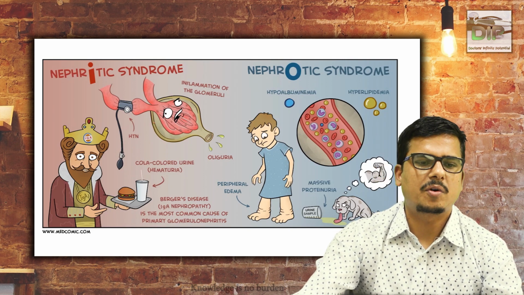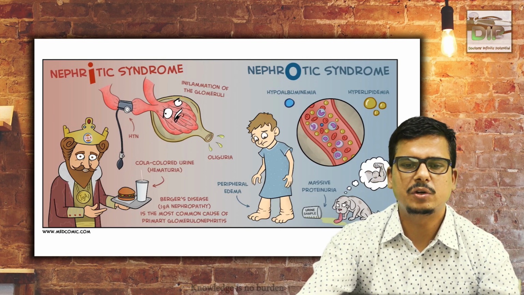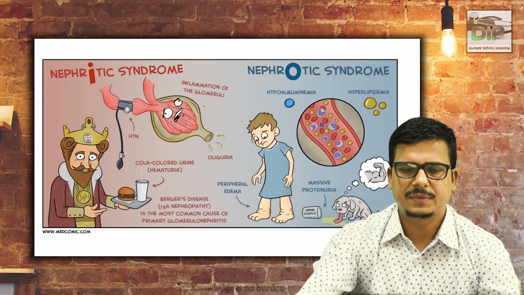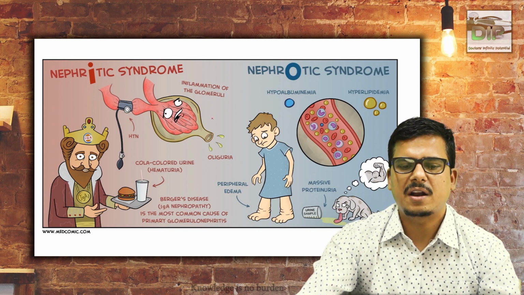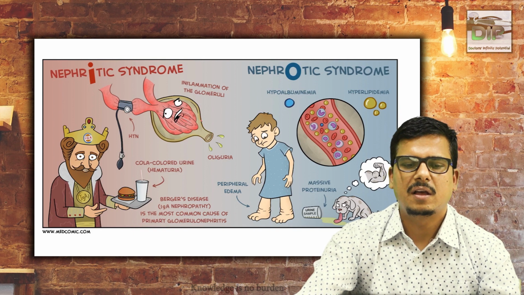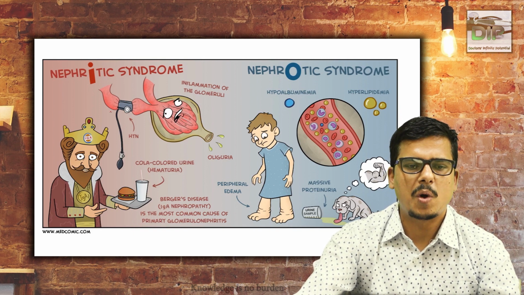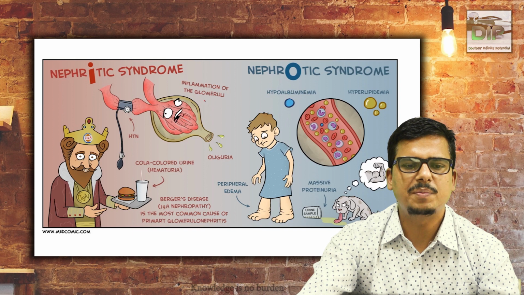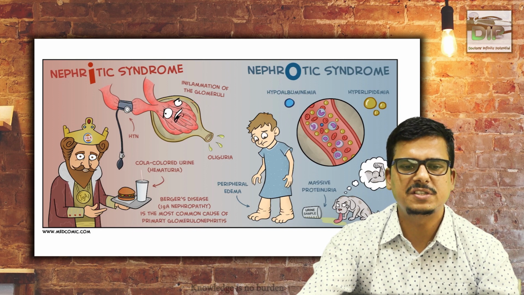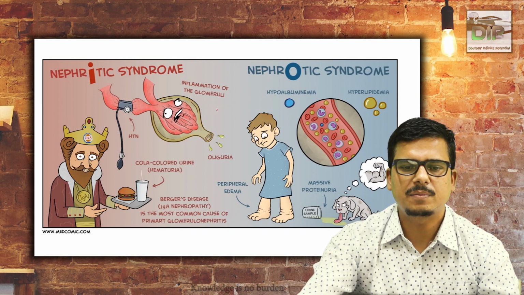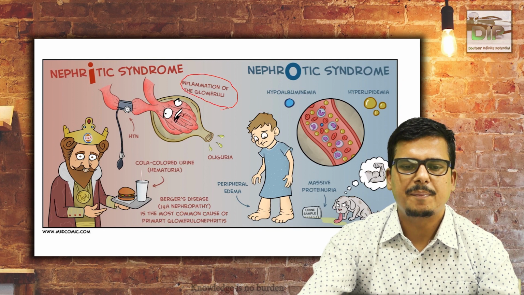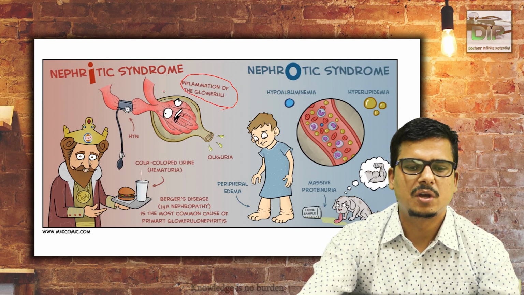There is another syndrome called nephritic syndrome. What is the difference between nephrotic and nephritic syndromes? In nephrotic syndrome, we have certain criteria which are due to the defect in the glomerular basement membrane, while nephritic syndrome is related to nephritis. Nephritis means inflammation. So inflammation of the glomeruli is the main cause of nephritic syndrome.